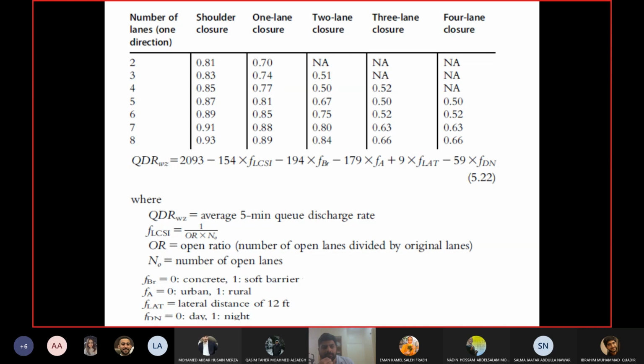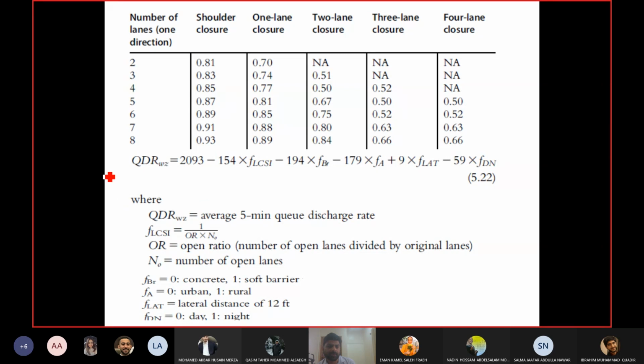This is the calculation for the work zone basically. Now you can do the complete calculation, or they have given the values directly here. The Q discharge rate from the work zone is given here, and then you use it to calculate the adjustment factor.